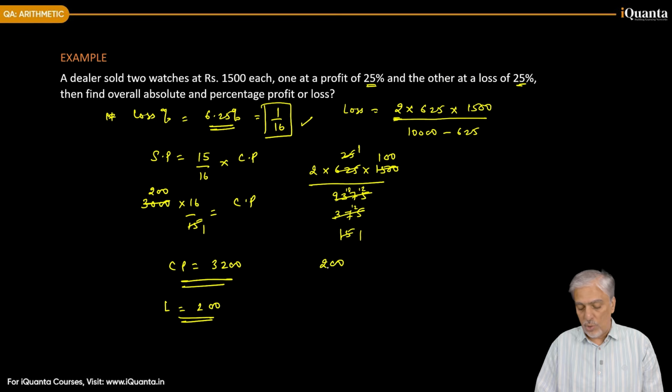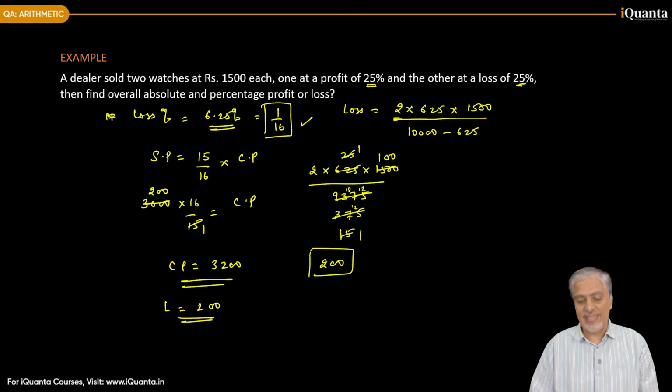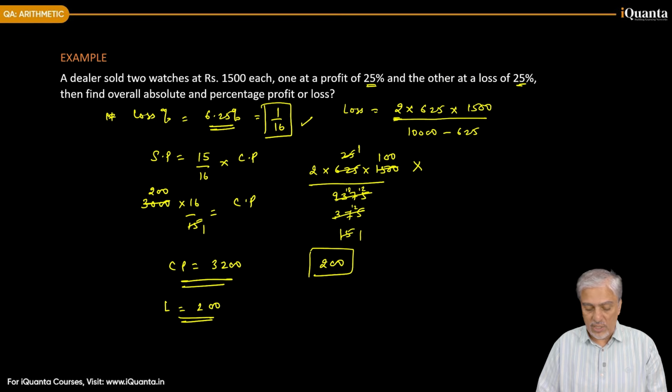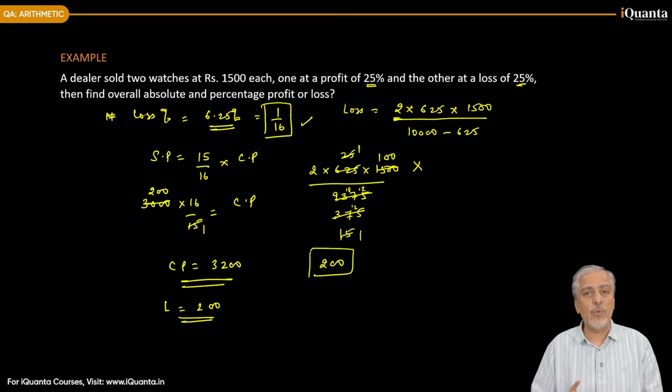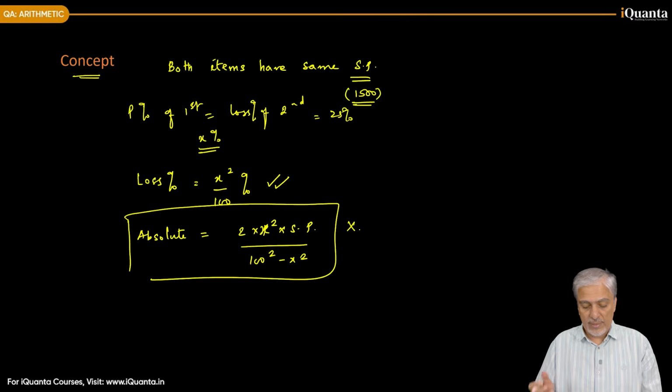So 200. You will get this 200. As I said, very frankly, this formula can be completely avoided. You can just concentrate on that one formula, that net loss percentage will always be X square upon 100%, right? I have shown you two approaches. You can use whatever approach you like for these type of questions.